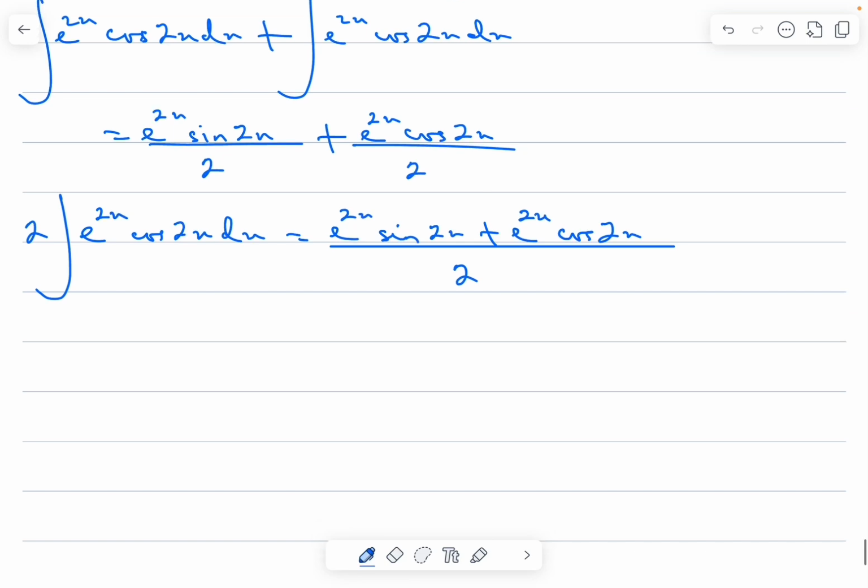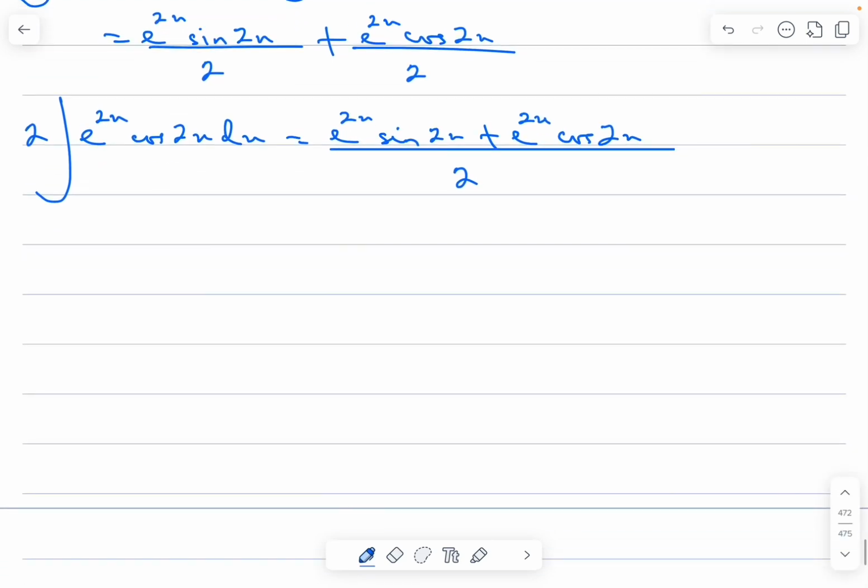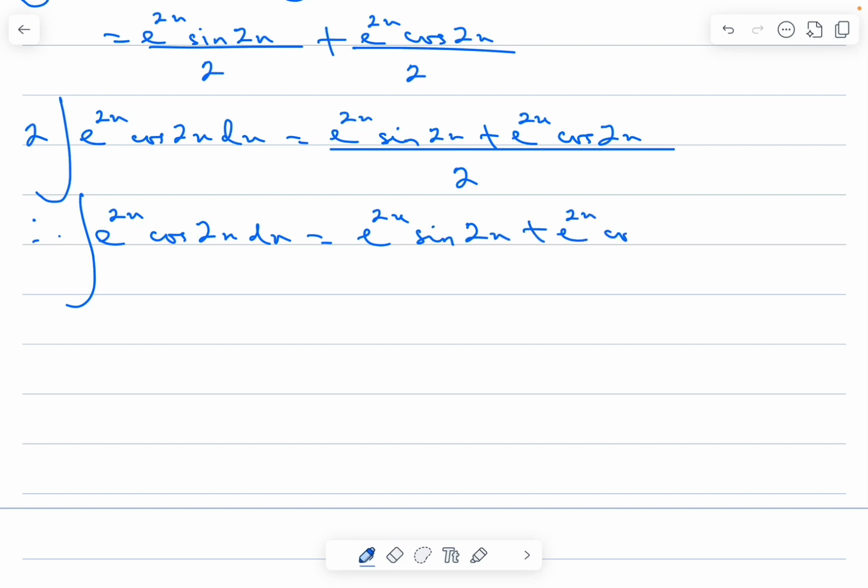And that simply means, therefore, the integral of e raised to power 2x cos 2x dx will be equal to e raised to power 2x sine 2x plus e raised to power 2x cos 2x over 2. What I'm doing now is dividing both sides by 2. Divided by 2 will now be times 1 over 2.